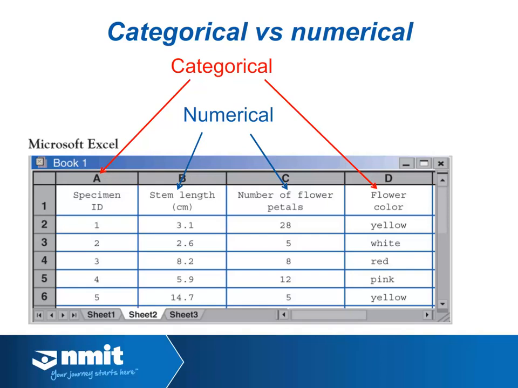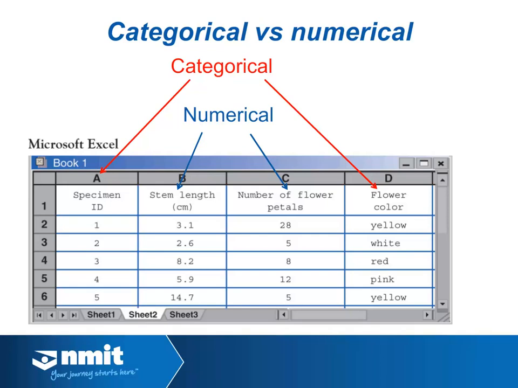And numerical data, we're actually counting the number of flower petals, and we're using a ruler or calipers to measure the length of the stem of these plants. So it's quite clear which ones here are categorical and which ones are numerical. Don't fall into the trap that all numerical variables are always numbers and categorical variables are always words.